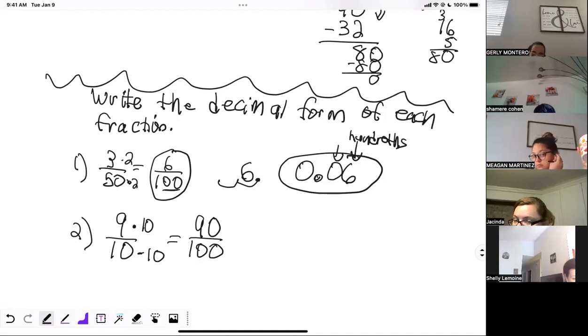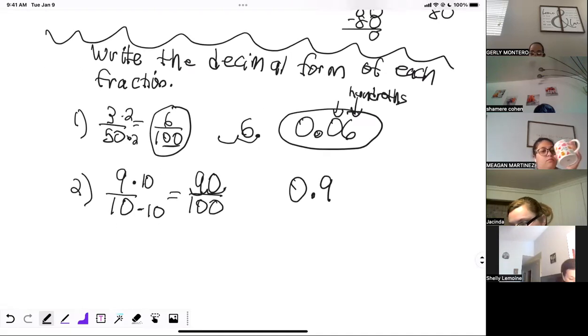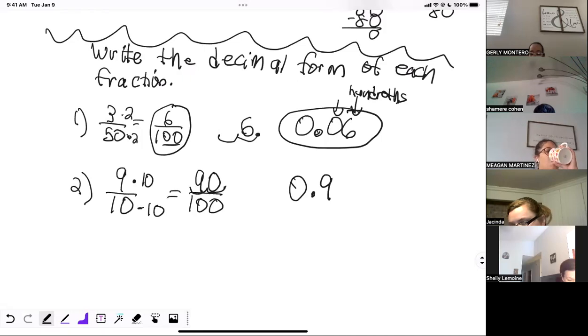If I simplify, it's 9/10. I don't even have to do any of this. 9/10 is 0.9, or if I do it this way, I'm going to move it back 2 decimal places and get 0.9. But 9/10 is just 0.9.